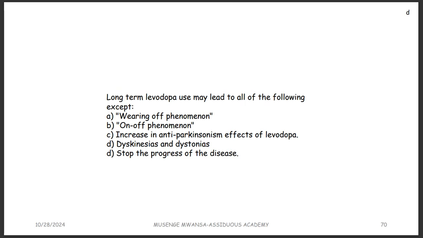Long-term levodopa use may lead to all of the following except: wearing off-on phenomenon, increase in the Parkinsonian effect of levodopa, dyskinesia and dystonia, stop the progression of the disease. Which one would you pick for this one?